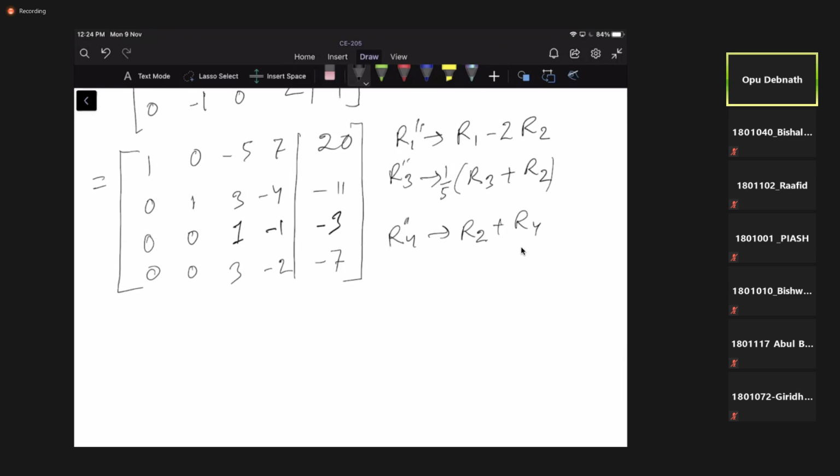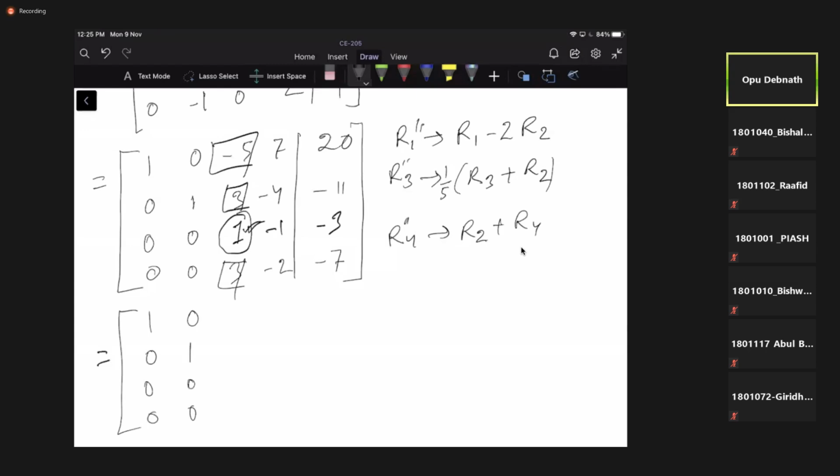That means for the next step this element is already 1. Okay, then you need to make the other elements 0 with respect to this. That means 1 is already fixed, and then you need to make this and these 3 elements 0. These are pretty simple. 1 0 0 0.